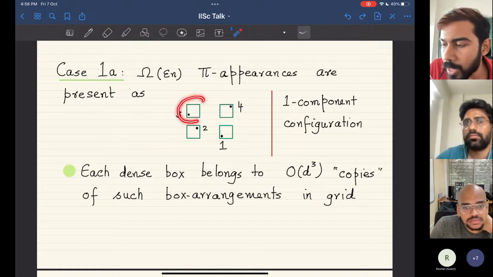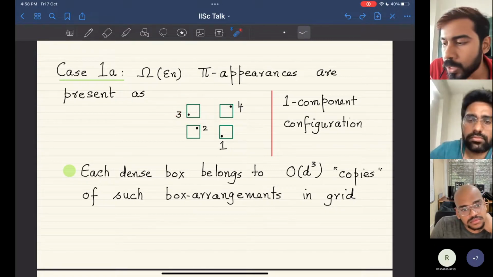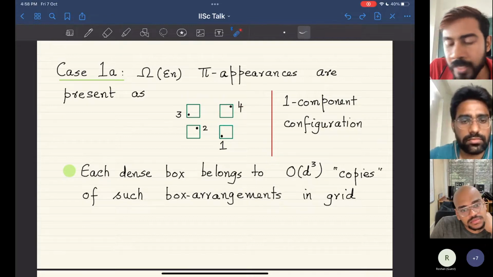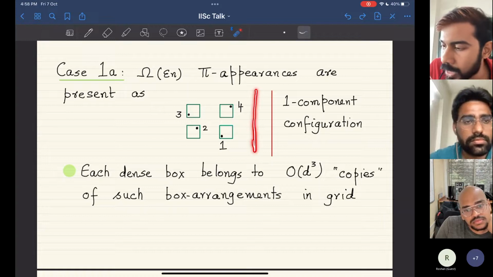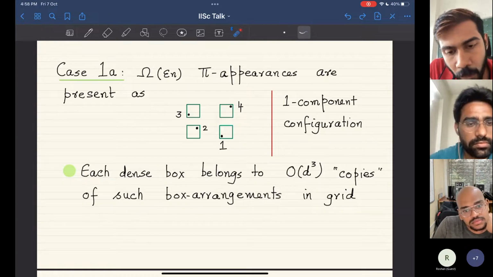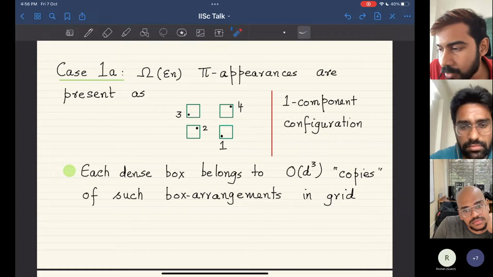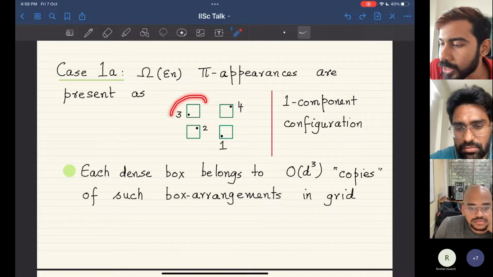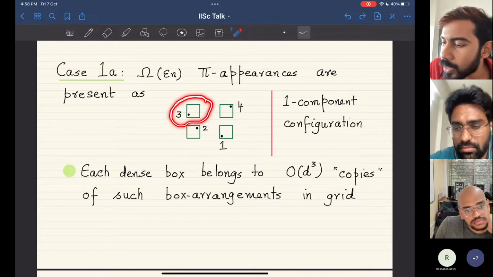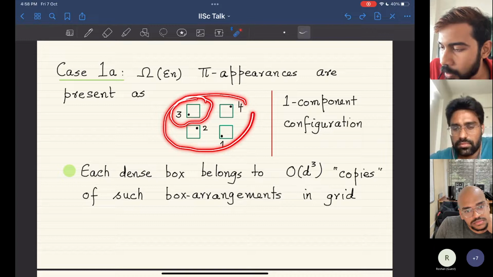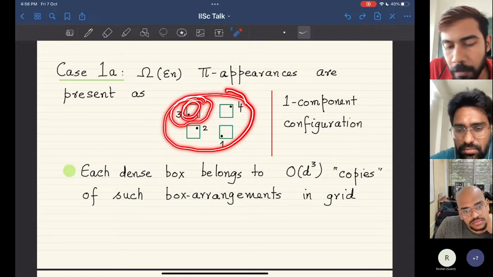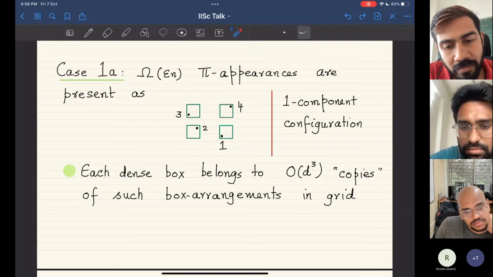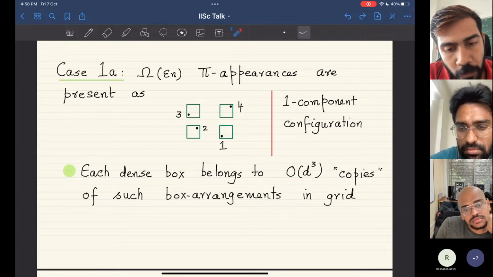So if I consider some arbitrary dense box, there are at most D dense boxes in its layer. Now each of these D dense boxes can have at most D dense boxes in its stripe. Essentially the number of such box arrangements consisting of a specific dense box is constant. It's a counting argument.